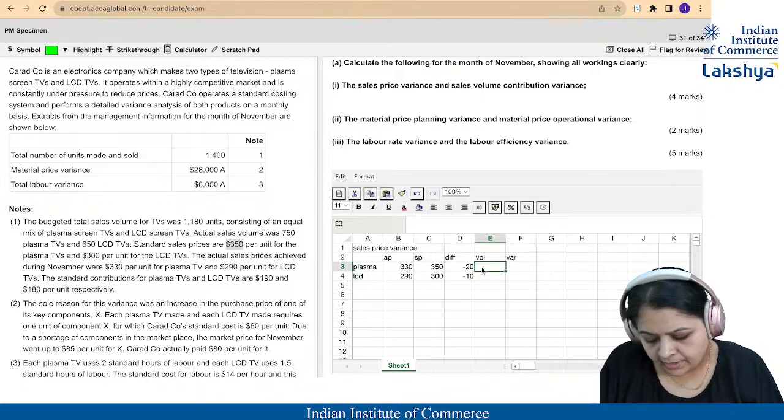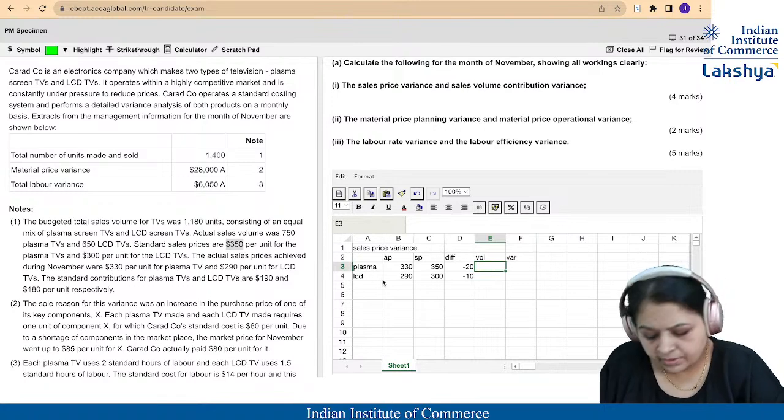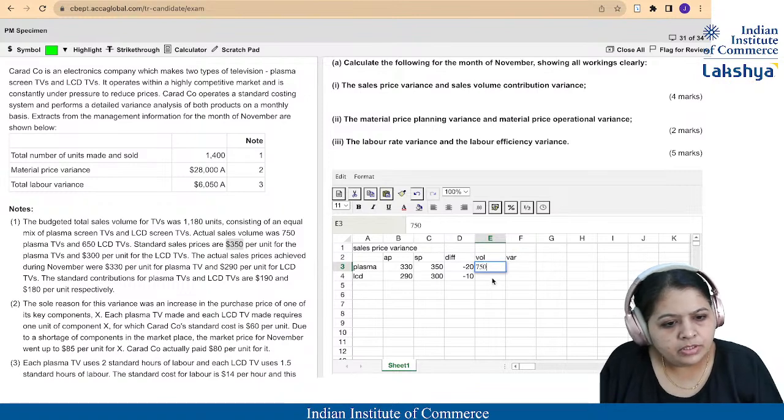The volume that it has actually sold is 750 units and 650 units.